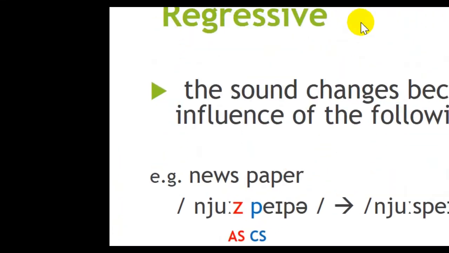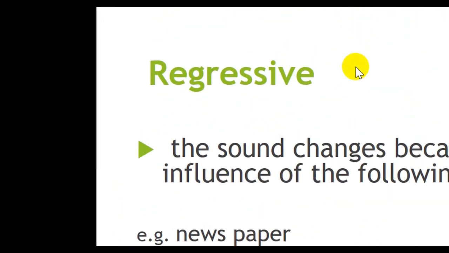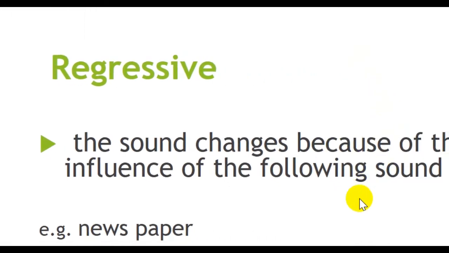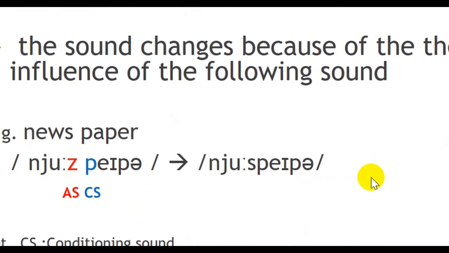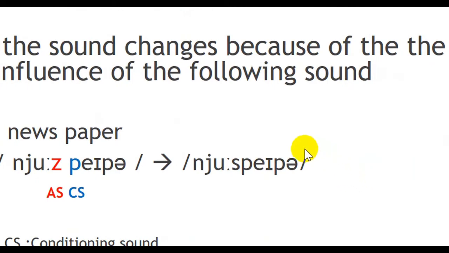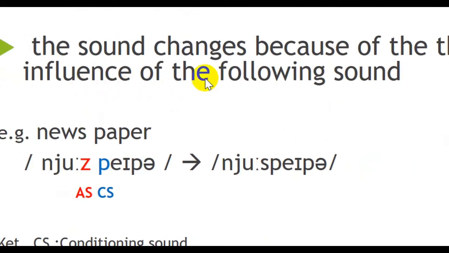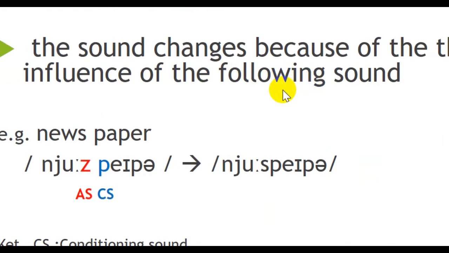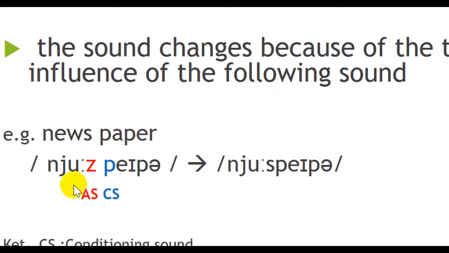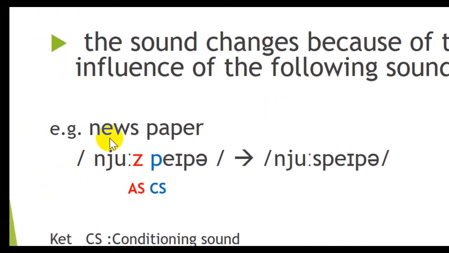Okay, let's talk about regressive assimilation. Regressive assimilation is when a sound changes because of the influence of the following sound. Remember, the one that causes the change is the following sound, the sound after the one that changes. So for example, here we have the word newspaper.